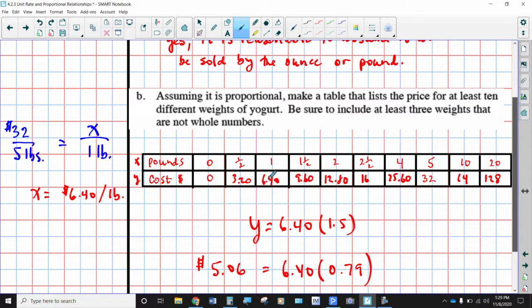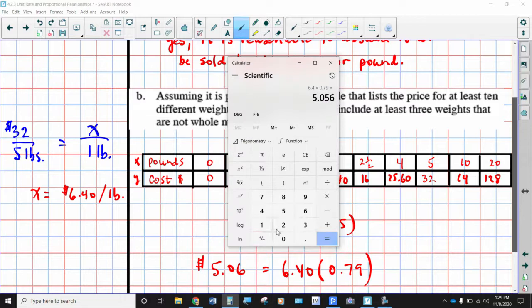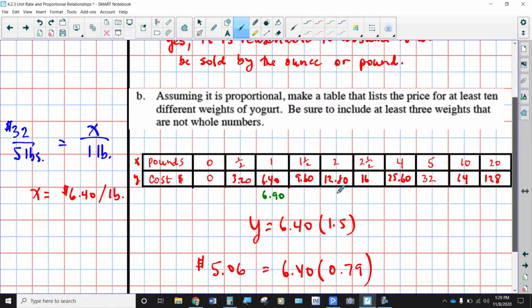For instance, I'll just do this one right here. This yogurt would then cost $6.90. And if you double that, what is that double? I don't want to do that in my head. 6.9 times 2 is 13.80, right? So if this was proportional, then the 2 pounds would be that price.